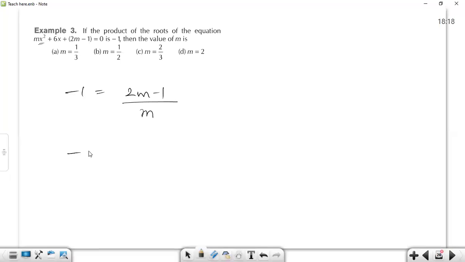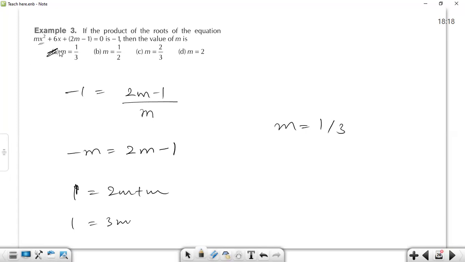Cross multiplication: minus m is equal to 2m minus 1. Bringing this to the left hand side, 1 is equal to 2m plus m, 1 is equal to 3m, m is 1 by 3. So A should be our answer. Clear?